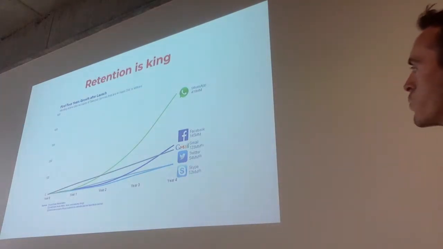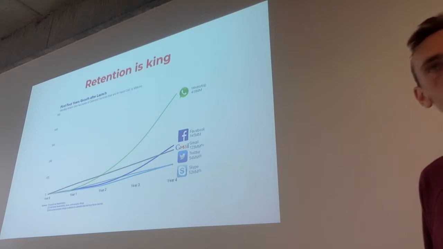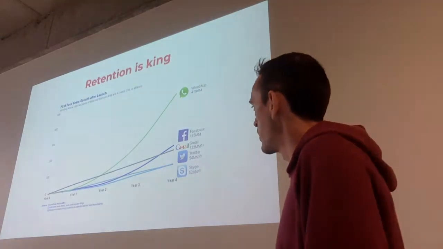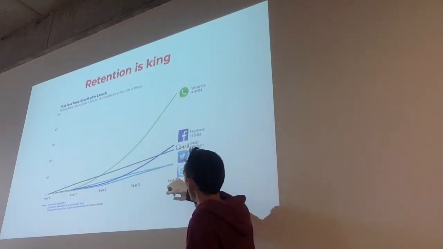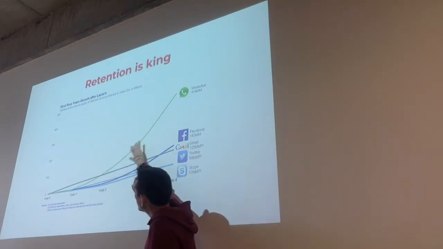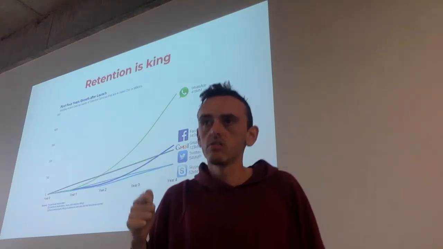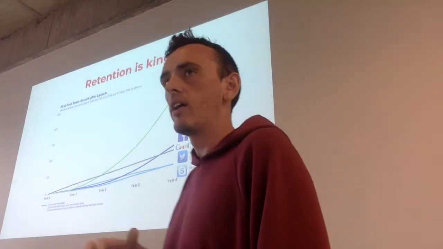And what people don't understand about this graph is that you're not looking at the power of user acquisition, you're looking at the power of retention. And we can see this quite clearly in the graph as well. You see already when it comes to user growth, WhatsApp very clearly dominates, and they dominate quite quickly. This graph, though, is not a result of acquisition. WhatsApp has never actually done any marketing.